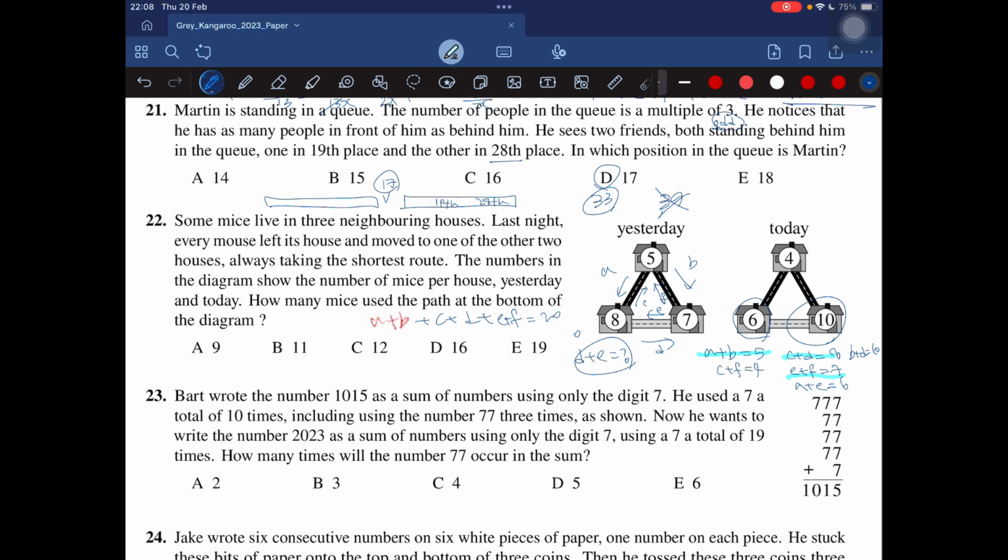And C and F is 4. So C and F is 4. And A and E, okay. So A and E, B and D. So now we need to take it out. B and D, A plus B, 5. So 11.